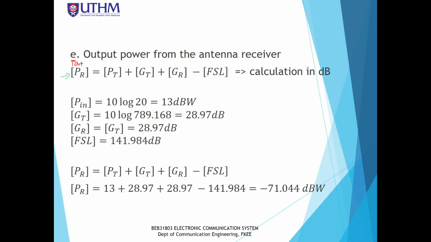So PR, or power received from the receiver antenna, is equal to P total, in terms of dBW. P transmit in terms of dBW. So you see that it uses P transmit. Why not use P in? P transmit is equal to P in, because there is no LT, there are no losses in the transmission line.